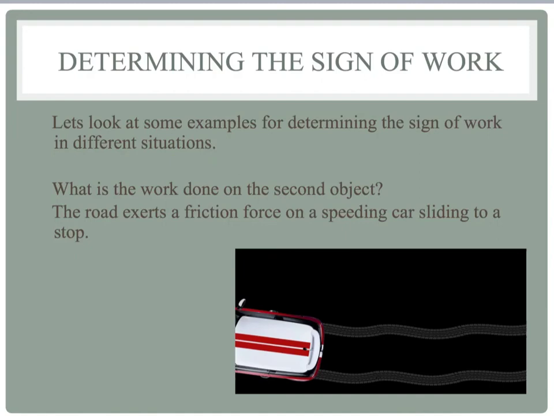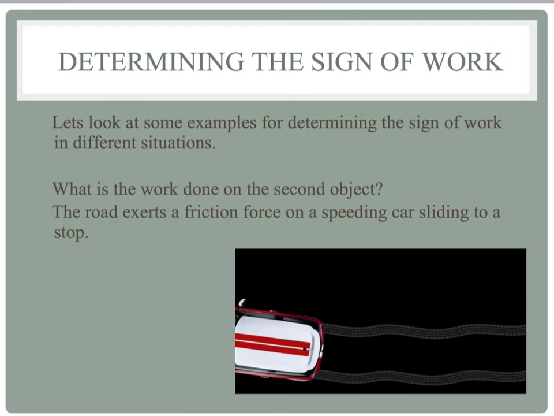We're going to look at this example here. We are going to look at the work done on the second object. The road exerts a friction force on a speeding car. That's our second object, and that car is sliding to a stop. You can see the skid marks here. Remember, friction is always opposite of motion.